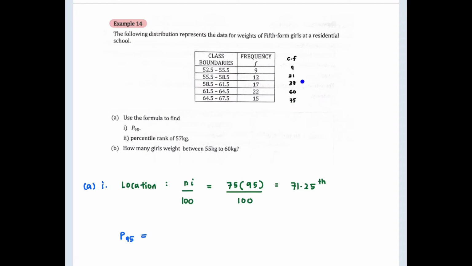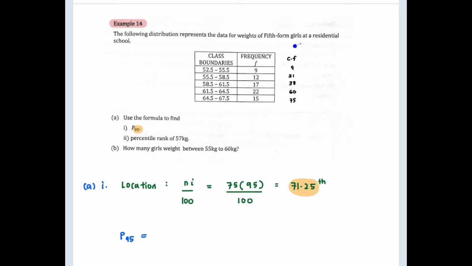Just add on the cumulative frequency column. So N is 75, your i is 95, over 100. So the location is 71.25.